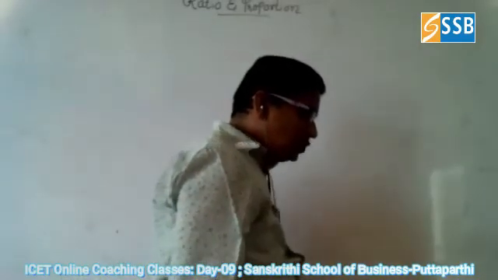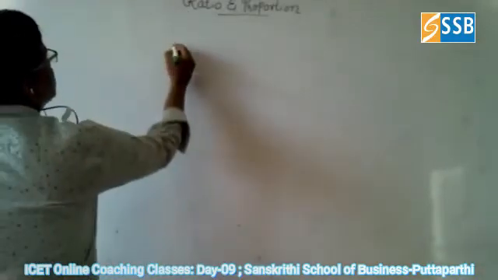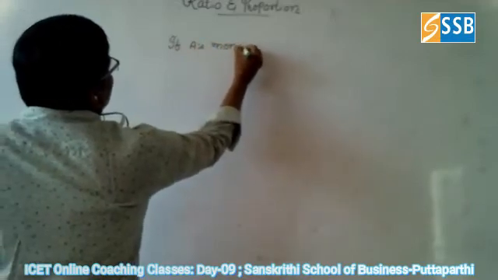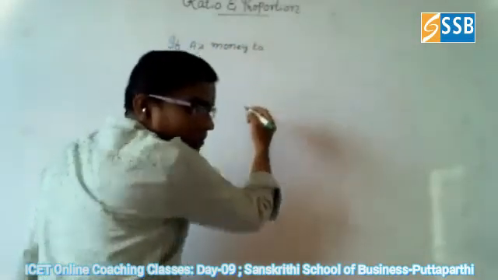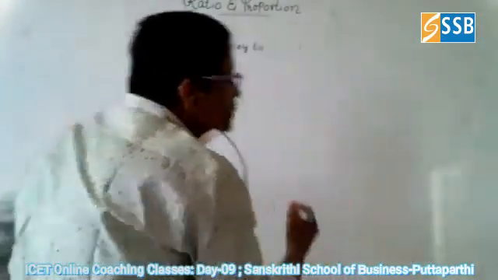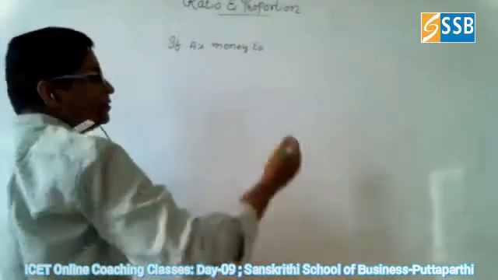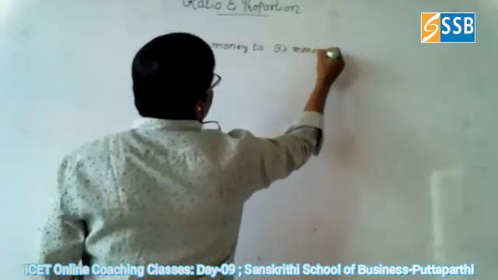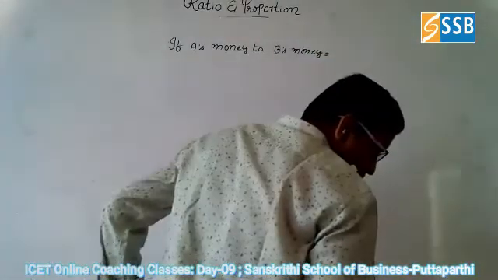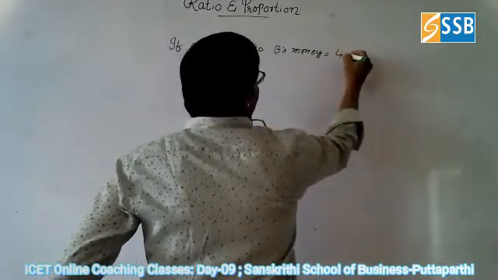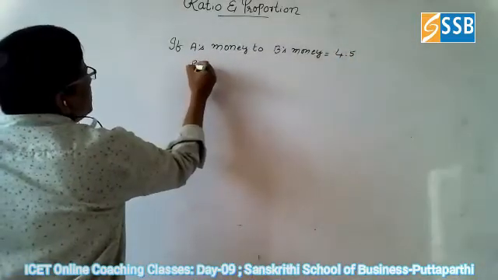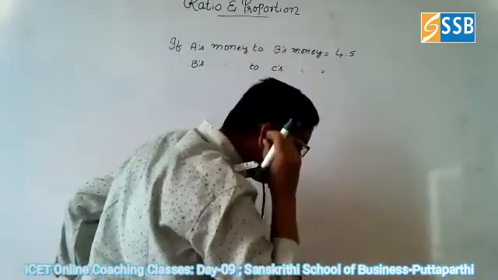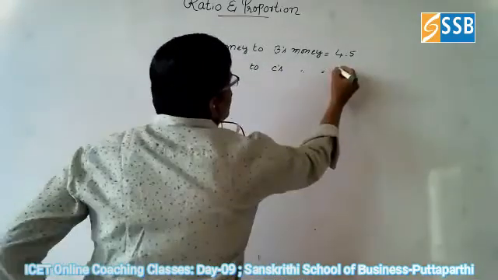So if A's money to B's money ratio is given as 3:4 in the same way, B's money to C's money is given as 2:3.